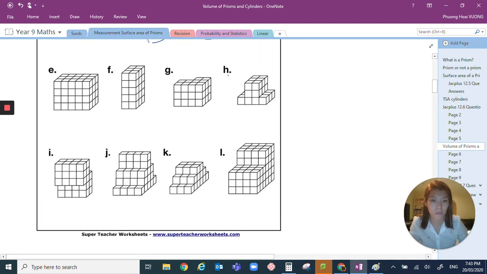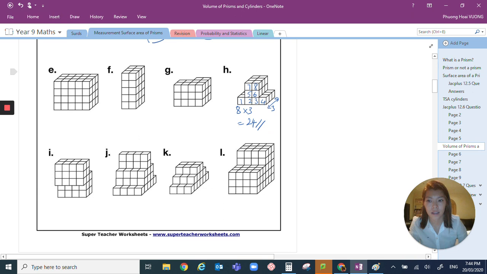Let's do H. I'll give you a moment to have a think about how many cubes there are. So we have 24 cubes for this one.